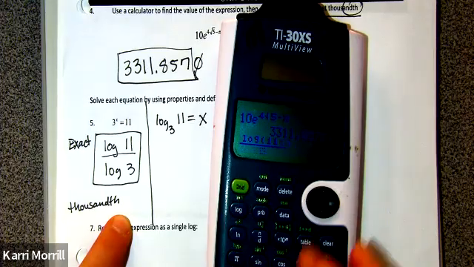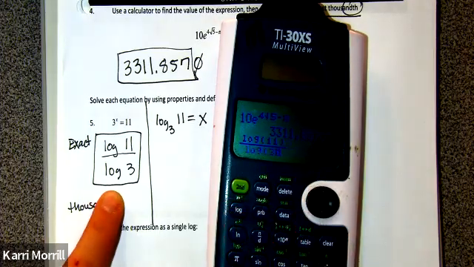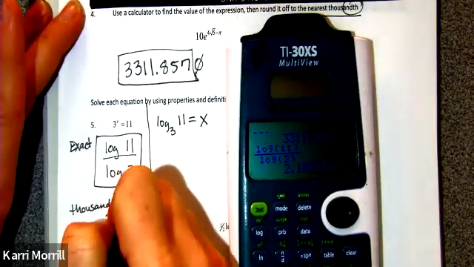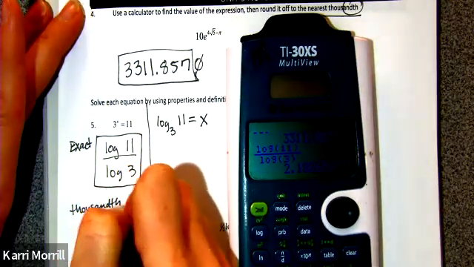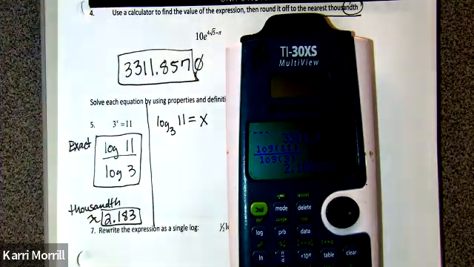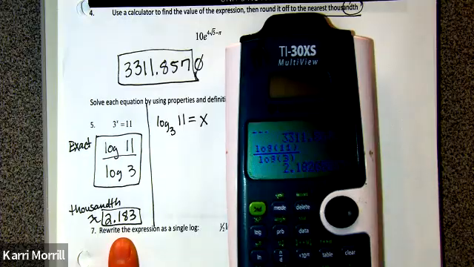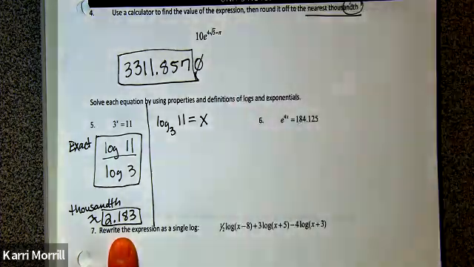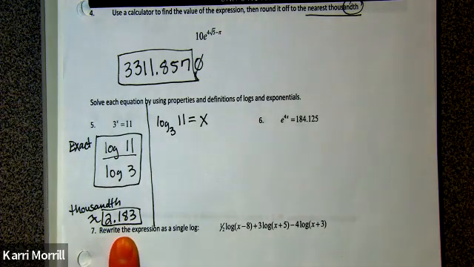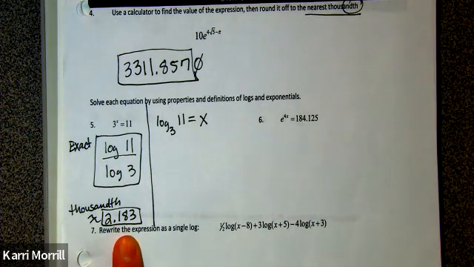Log 11 over log 3 would be, rounding correctly, 2.183, because the digit to the right of that 2 is greater than 5. But if you happen to round wrong, you're submitting that shown work. That's the whole purpose of that. So I can look at it.